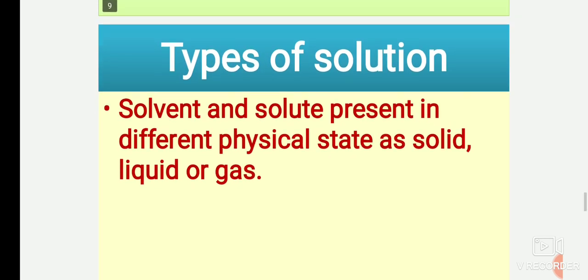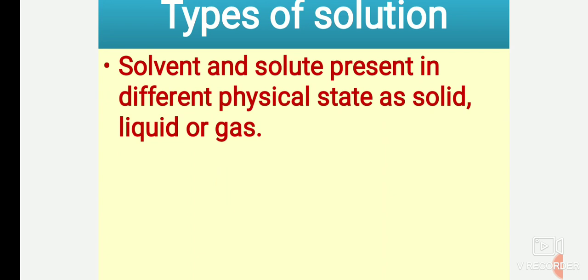Then we see types of solution. Solvent and solute present in different physical state as solid, liquid, or gas.